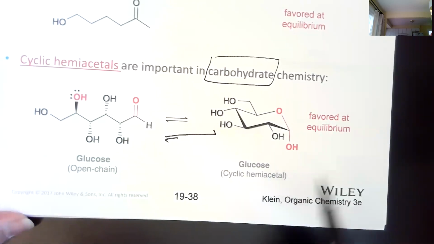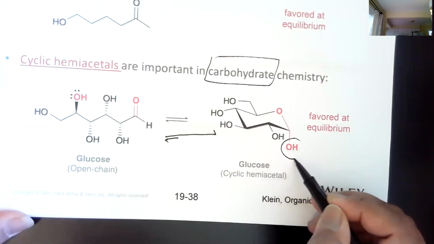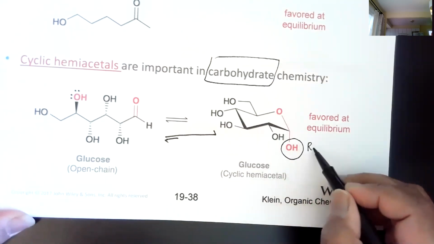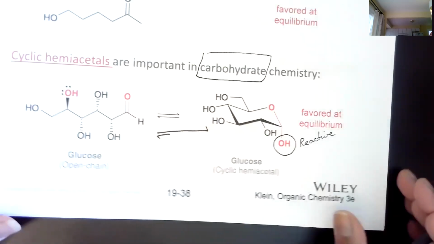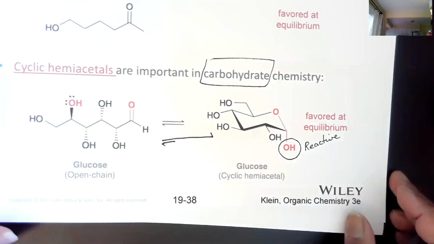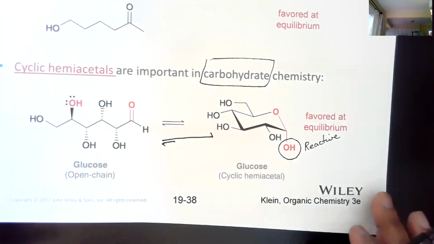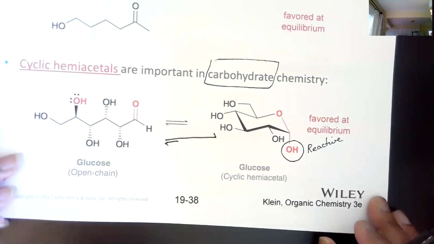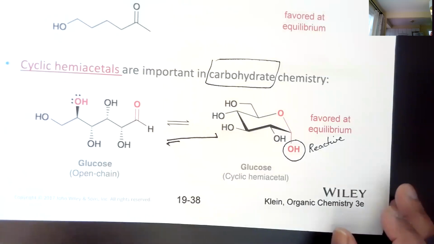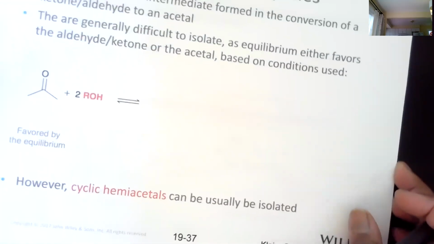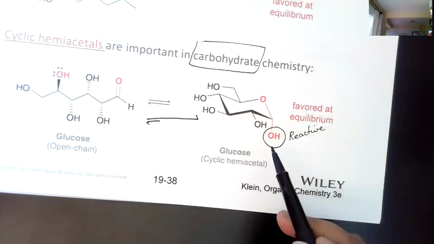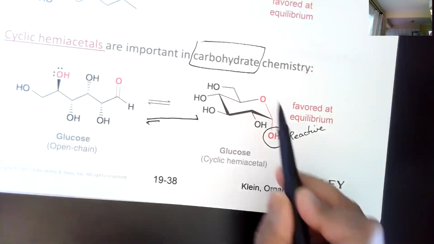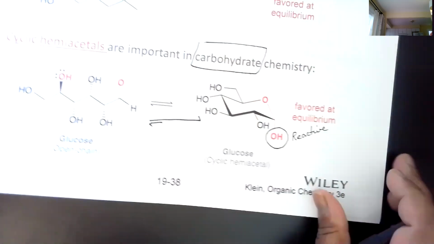Because of this, this OH is a reactive OH group. You'll learn more about it in biochemistry. So this is a very important application of what you're learning here. You will also see that this hemiacetal can be converted into an acetal group. This is just a single molecule, a monomer.